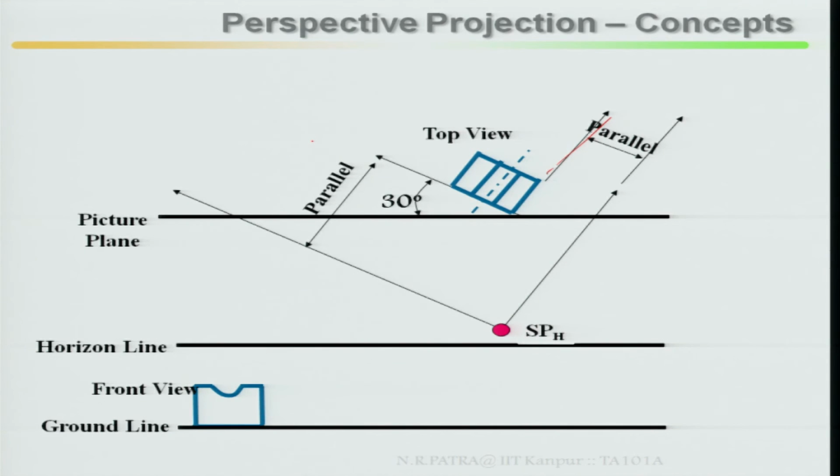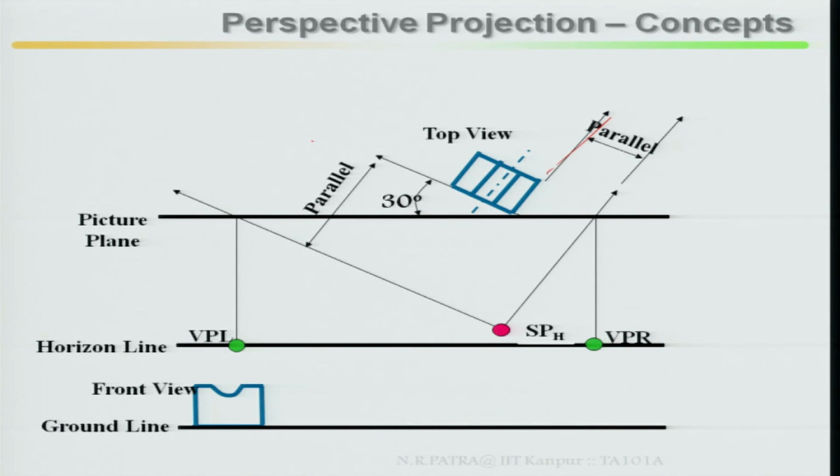Where these left and right parallel lines intercept your picture plane, mark it, and from there draw a line down to where it cuts your horizon line. This is your left vanishing point and this is your right vanishing point: VP left, VP right, or you can say VP 1, VP 2.